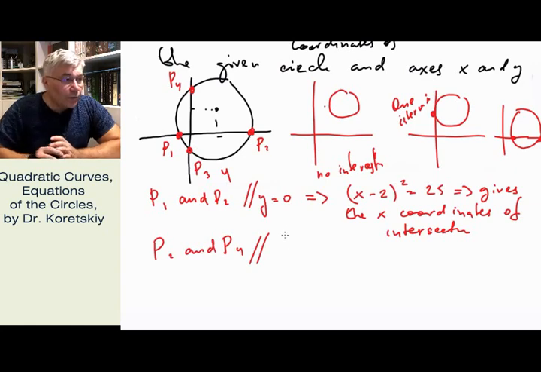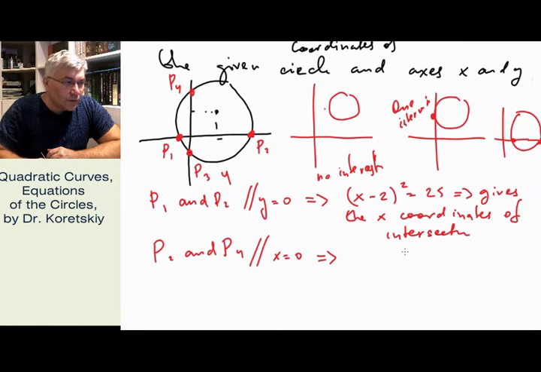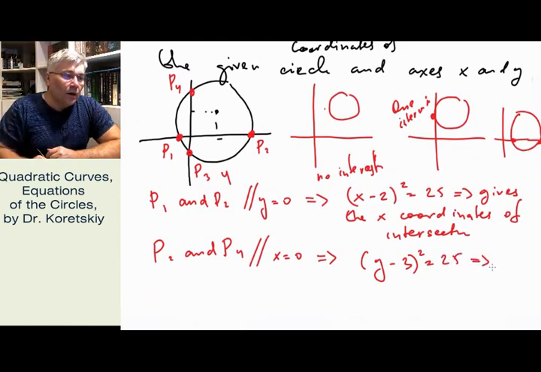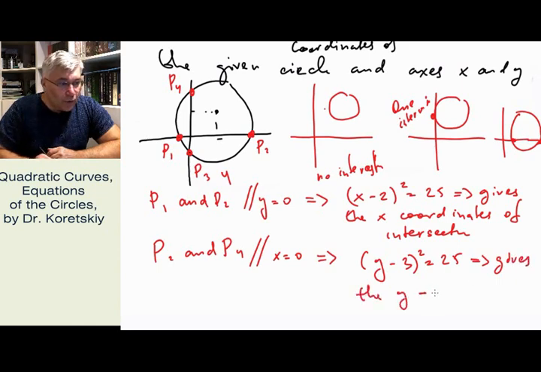Otherwise, we have here x equals 0. So we have as a result y minus 3 squared equal 25. This expression gives the y coordinates of the intersection.